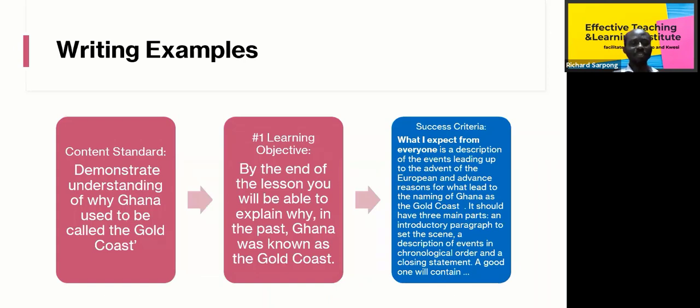So I picked this also from the history curriculum from the primary school, the standard-based curriculum in Ghana. If you open it, it has a content standard. And the content standard says to demonstrate understanding of why Ghana used to be called the Gold Coast.